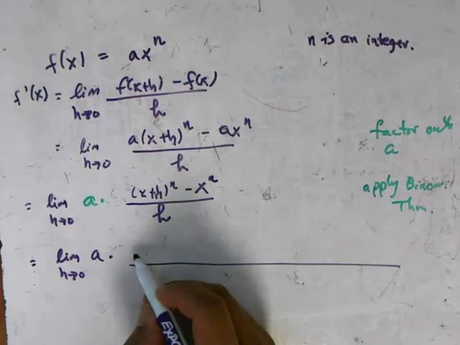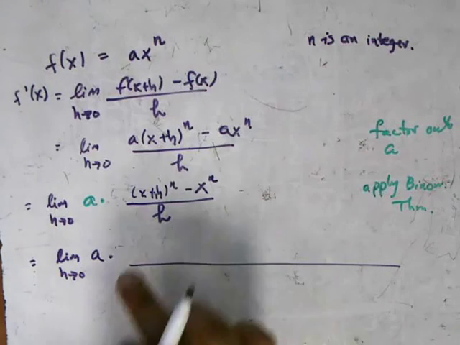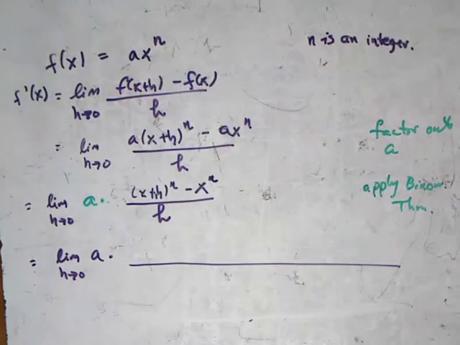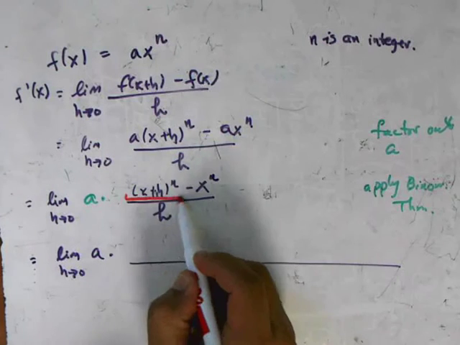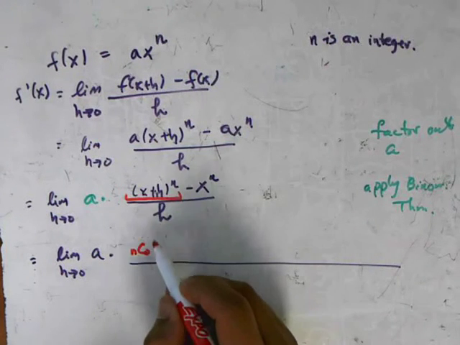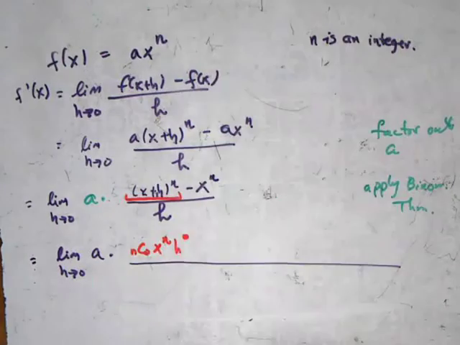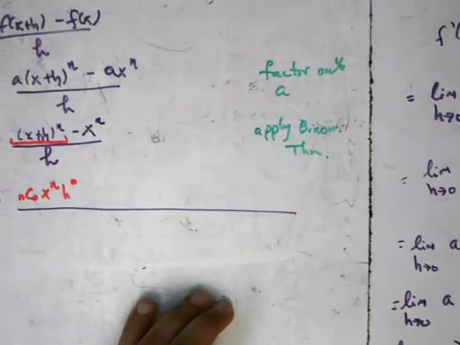So remember, this is just n choose 0, and I'm going to use a different color here so that you can see it. This is the part that I'm dealing with here. This is n choose 0, x to the nth, h to the 0th. So compare that to what we did last time.